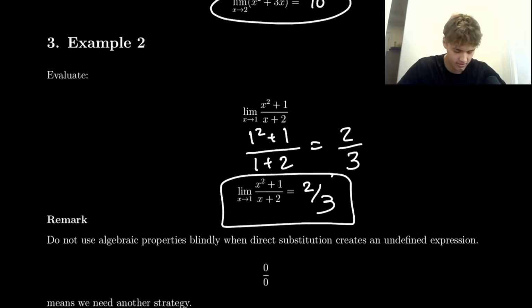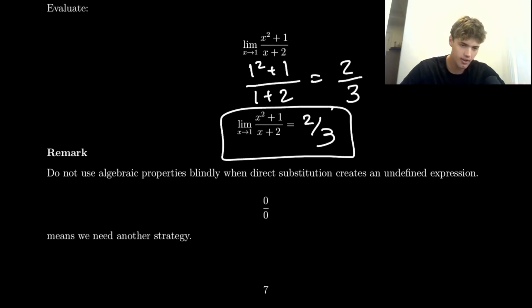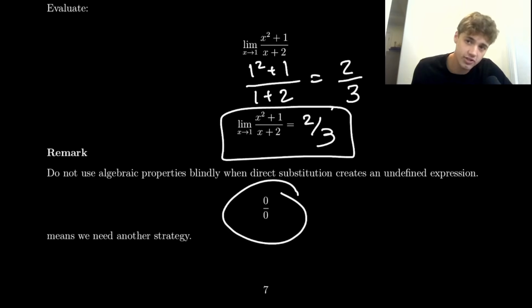All right, so now let's do our little remark. There are times where direct substitution will not work, and we'll need to find another strategy. You will see that when you get a 0 over 0. And there are techniques to get around this 0 over 0, which we'll talk about soon. But for now, all of our functions won't give 0 over 0.